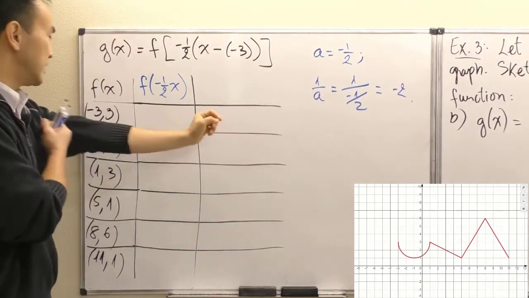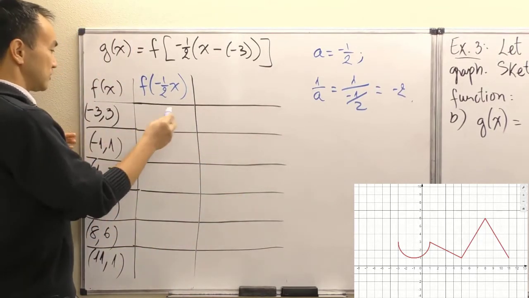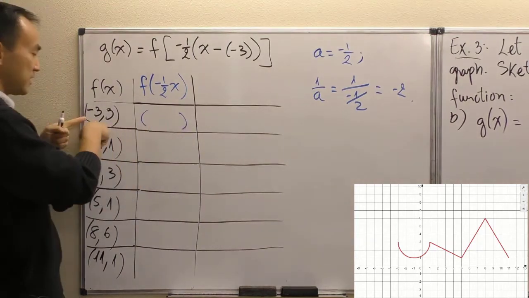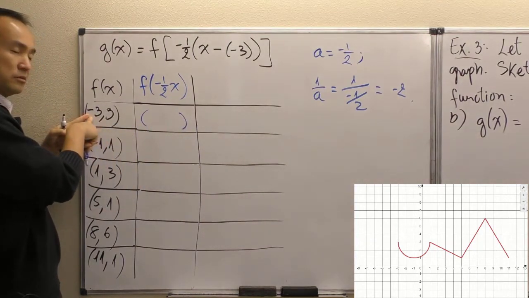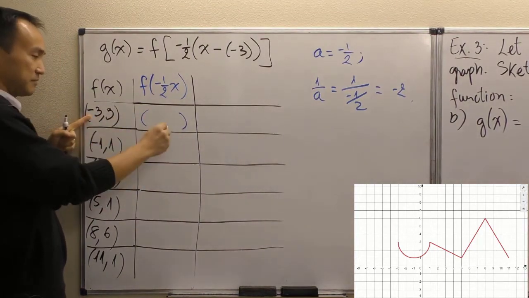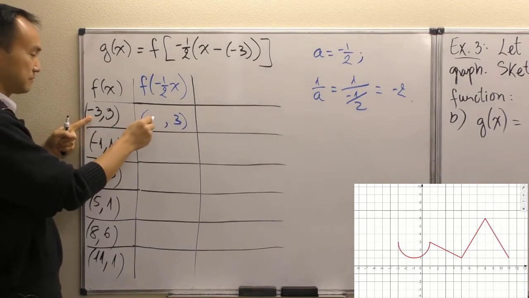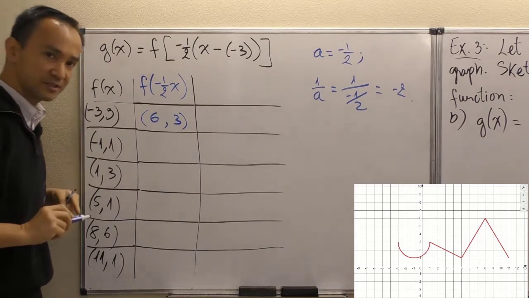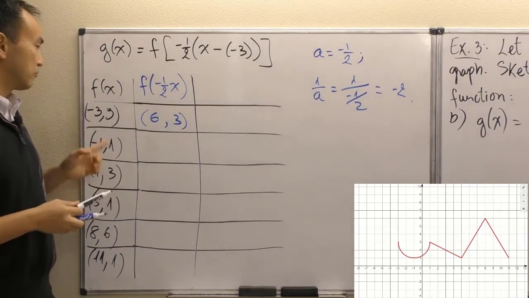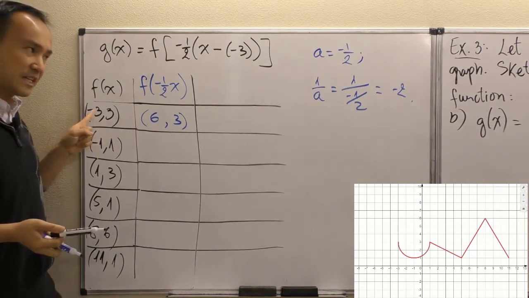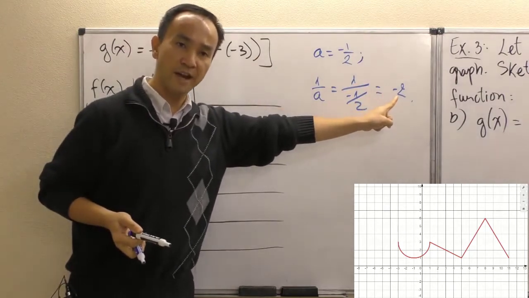So the first point here is transformed into -3, comma 3, the y value stays the same, but now this becomes a +6, simply because -3 was the x value, and now we multiply with 1 over a, which is -2.